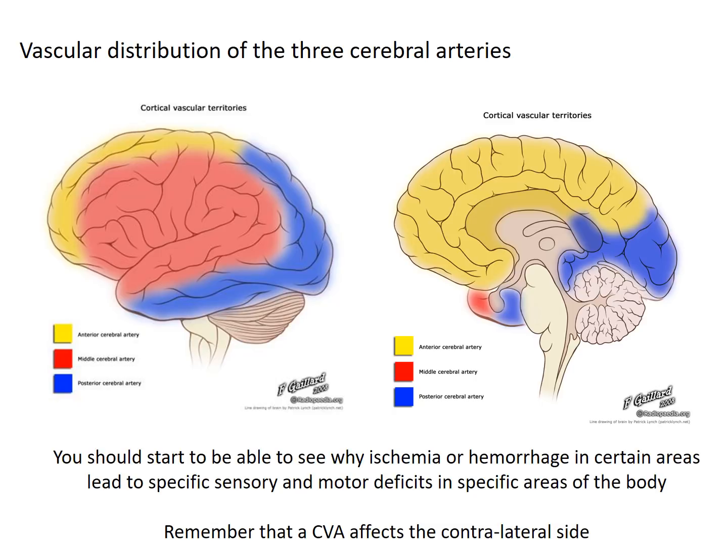And when we put that together with the homunculus, we can start to understand why certain vascular pathologies, strokes of the different cerebral arteries, can lead to different clinical manifestations, because those cerebral arteries are supplying and perfusing different regions of those 4 lobes of the cerebral hemispheres.